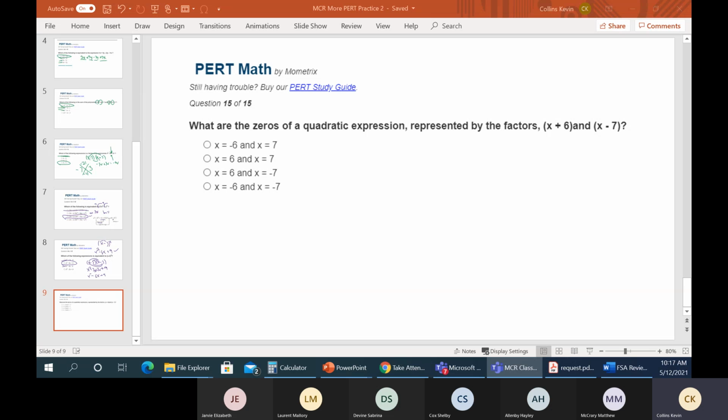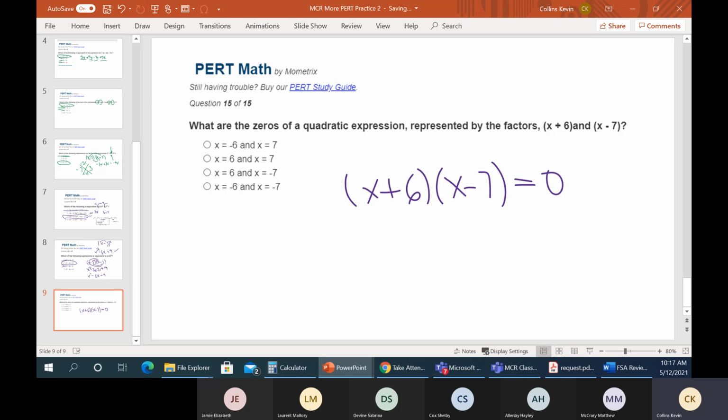All right, we got a couple votes for A. So remember, when they ask about the zeros of a quadratic, that's basically saying we've got x plus 6 times x minus 7, and we want to know when that equals 0. We have two numbers here.